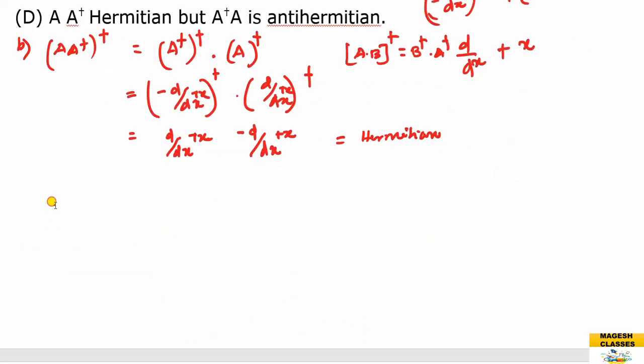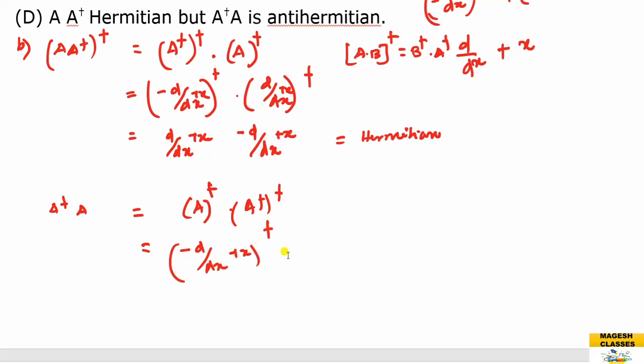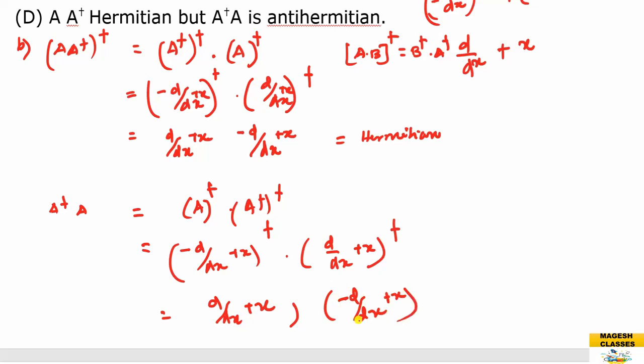Now we check A dagger A. Simply it is A dagger into A dagger dagger, so what is A dagger? Minus d by dx plus x dagger into A dagger is equal to d by dx plus x. So this is equal to d by dx plus x, and this is equal to minus d by dx plus x.